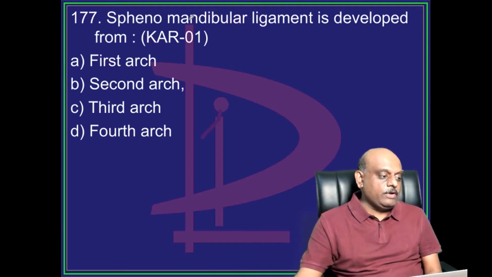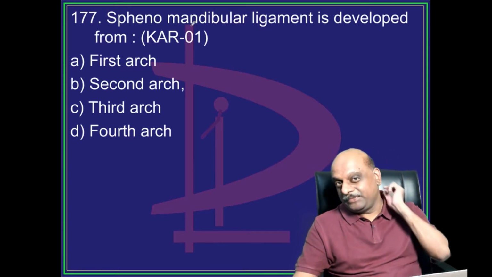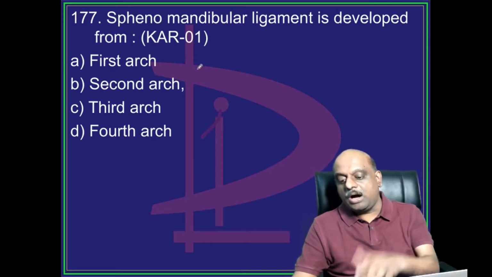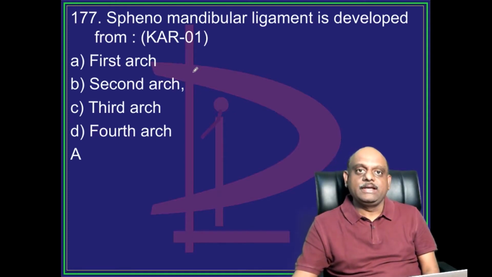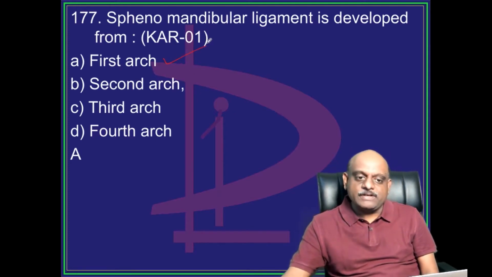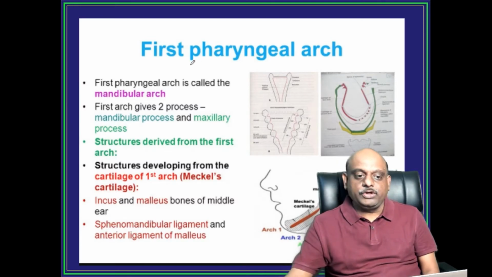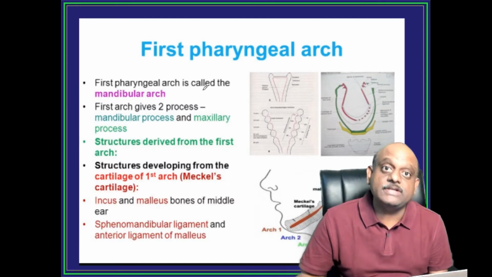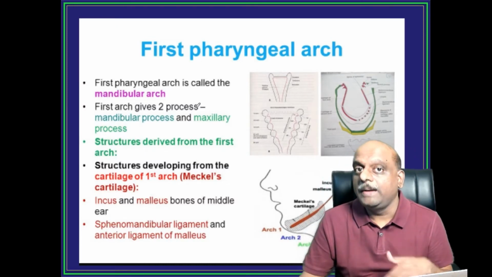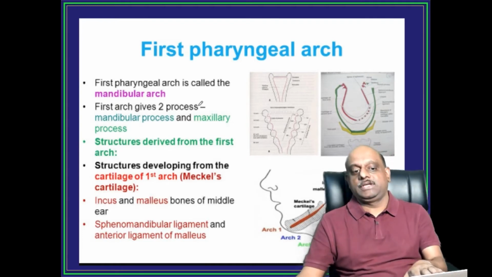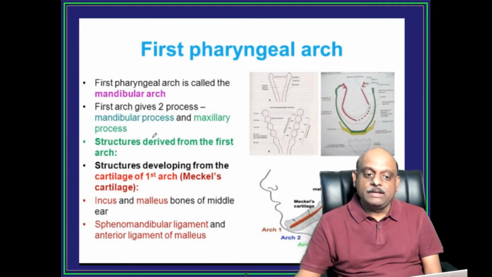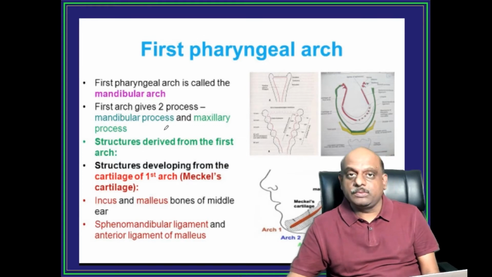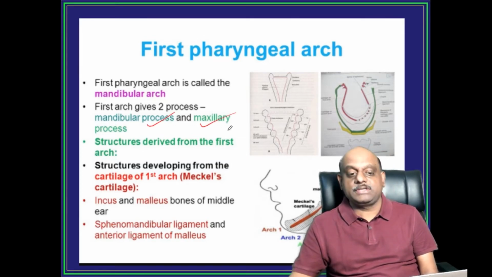Now, sphenomandibular ligament, from where is it derived from? Which arch is the examiner's question. It is typically derived from the first arch. So you need to know that the first pharyngeal arch is also called mandibular arch, is what you should remember. So what does first arch give rise to? It gives rise to mandibular process and maxillary process.